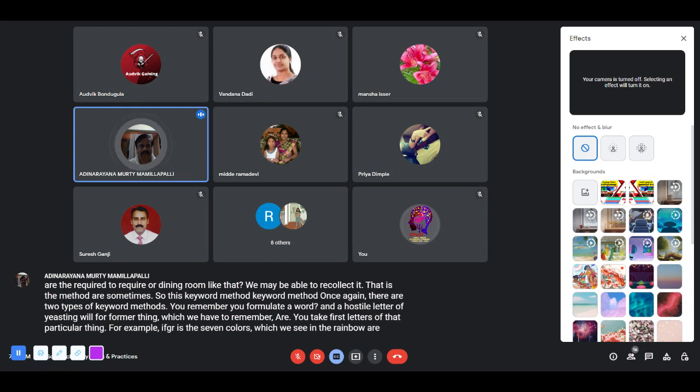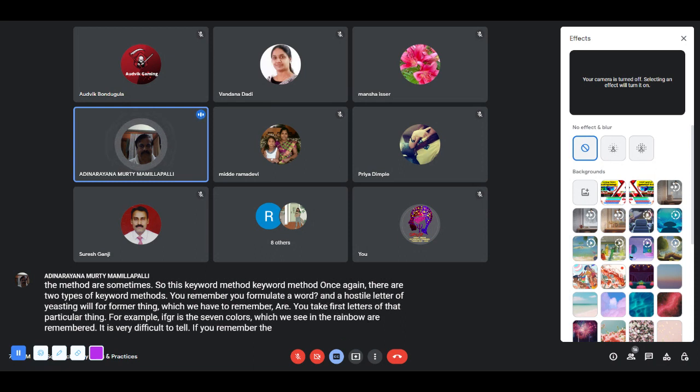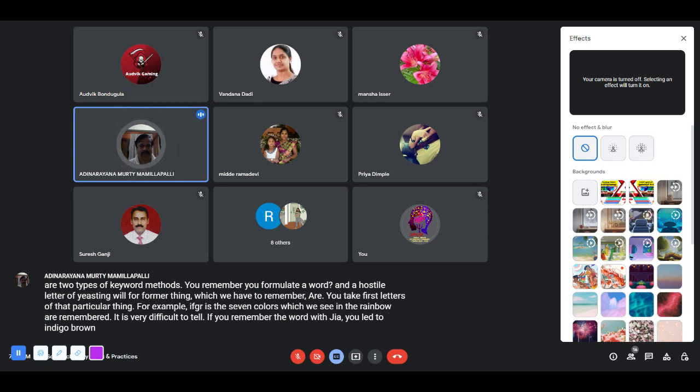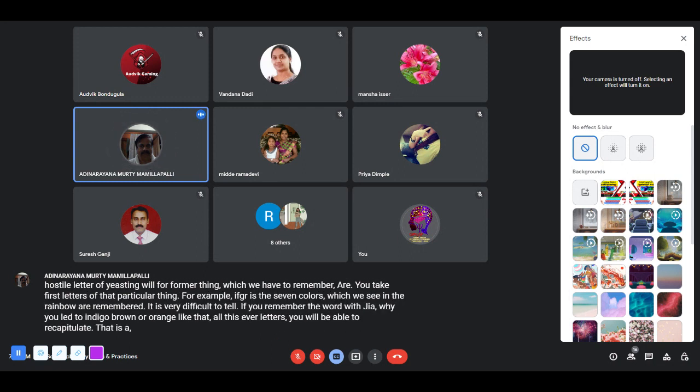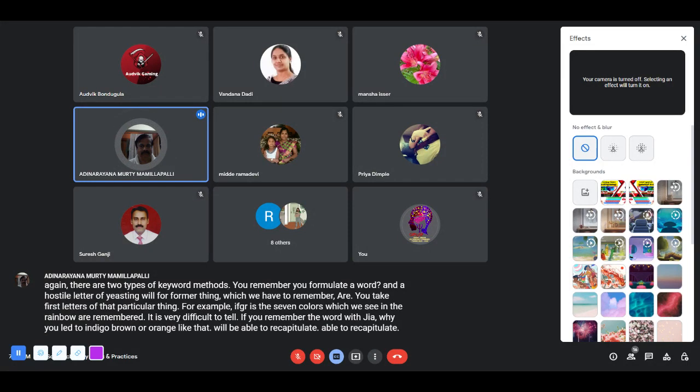It is very difficult to tell them, but if you remember the word VIBGYOR, violet, indigo, blue, green, yellow, orange, red, you will be able to recapitulate all these seven colors. That is the keyword method.